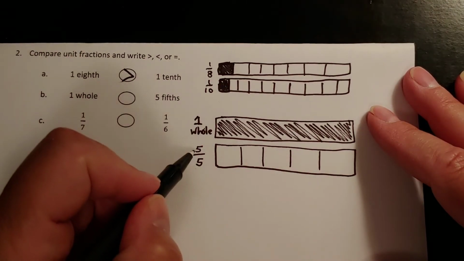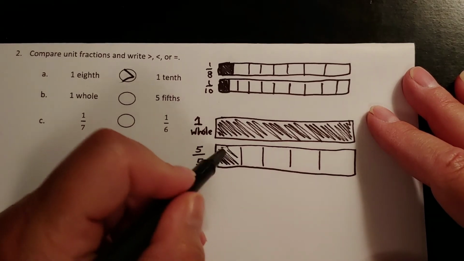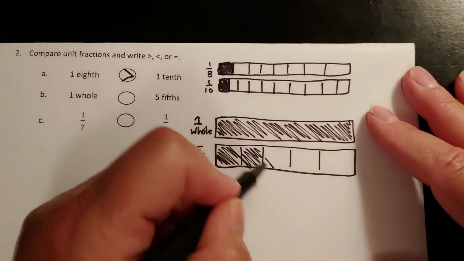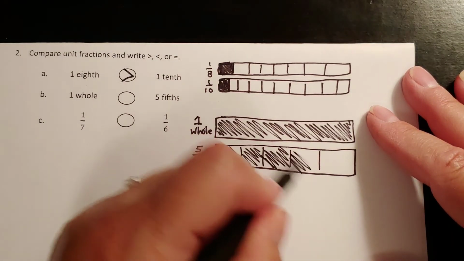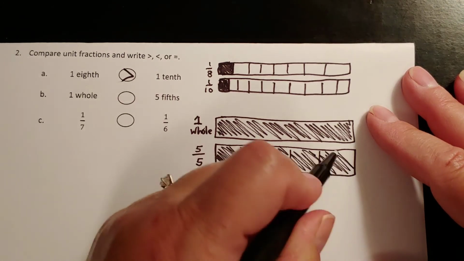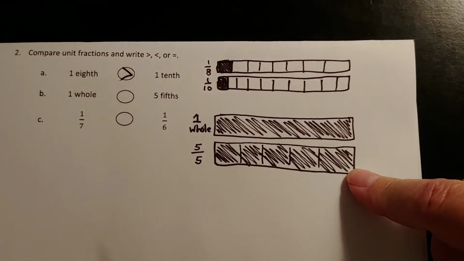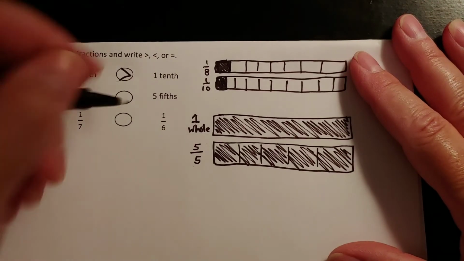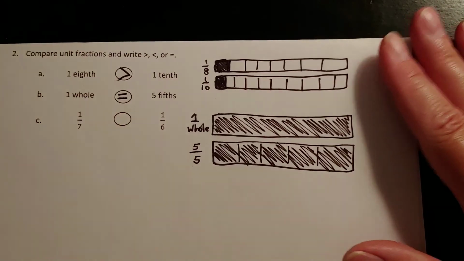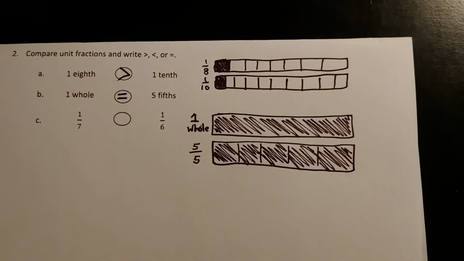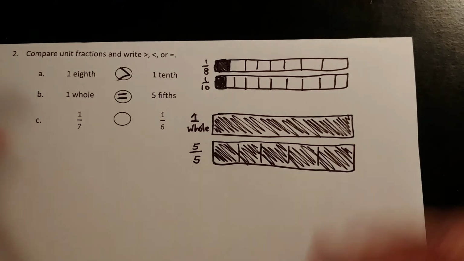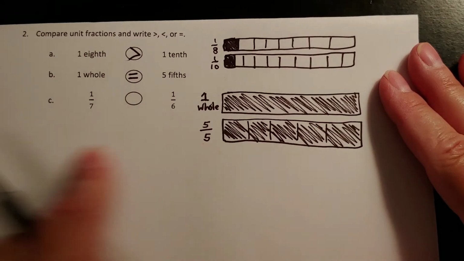And how many am I going to color in? 5. 1, 2, 3, 4, and 5. Oh my goodness, look at that. Let's compare these 2 fractions. They're what? Yeah, they're equal. So 1 whole is equal to 5/5. How about that?